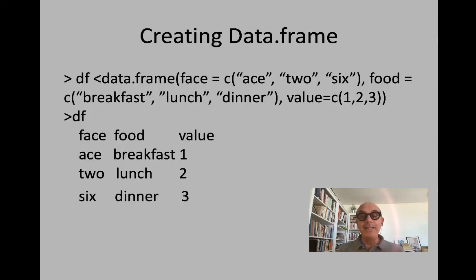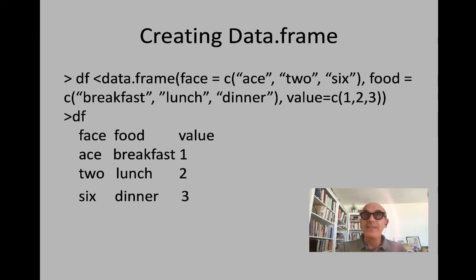And the idea here again is the syntax of the data frame. So data frame, and I will call face, and I'll say breakfast. So in this case, I have 3 values. I have face, I have food, and I have value that I combine into a data frame.